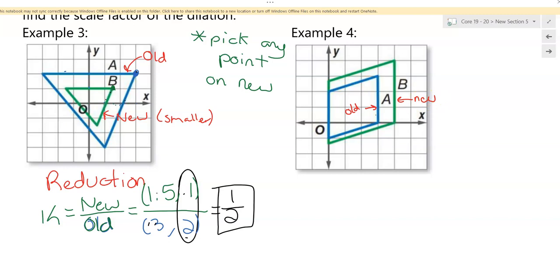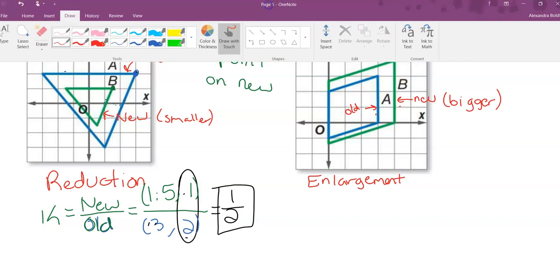Well, if I look here, if I'm going from A to B, B is definitely bigger. Right, so we're always deciding if our new one is bigger or smaller. It's bigger, so it's an enlargement. So I'd expect to get something greater than 1.